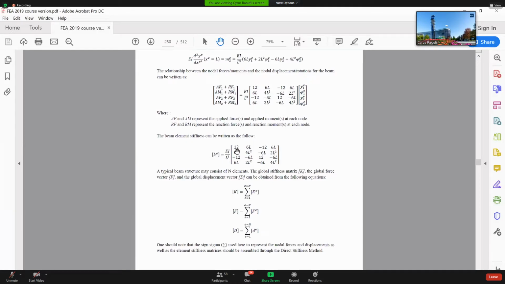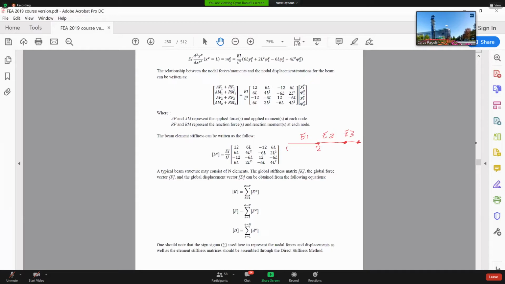Let me just draw something here quickly, then it's clear. In this one, we had one beam, 1 and 2. What about if I have another segment here? This is element number 1, this is element number 2, this is element number 3.